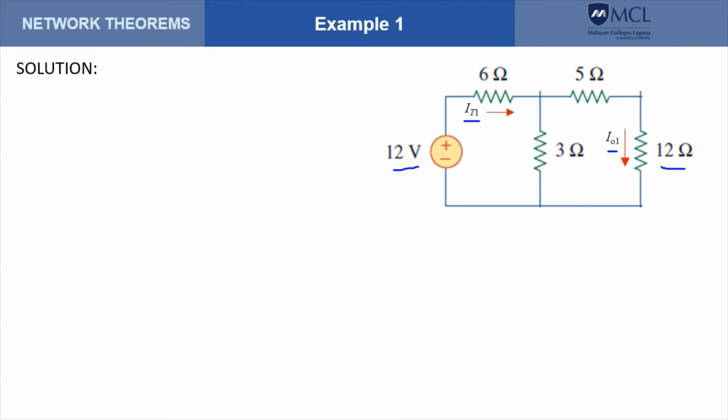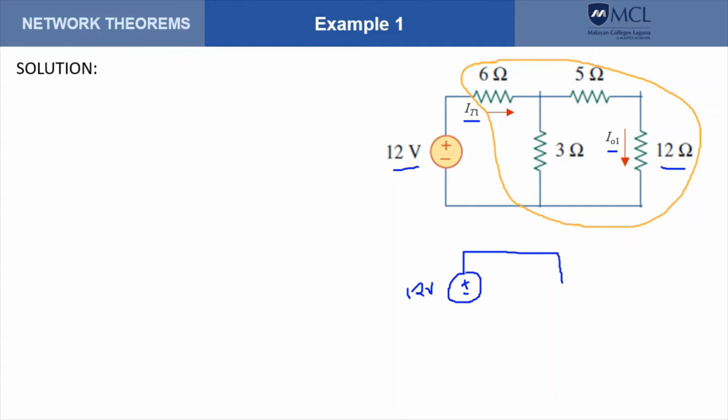So let's compute for an equivalent resistance for this. So that circuit will look like, let's say this is our 12 volts. We will find an equivalent resistance that is a single resistance connected to the 12 volts.